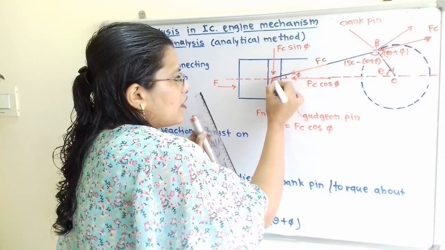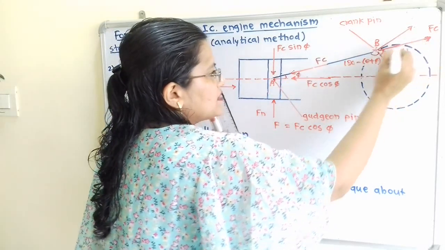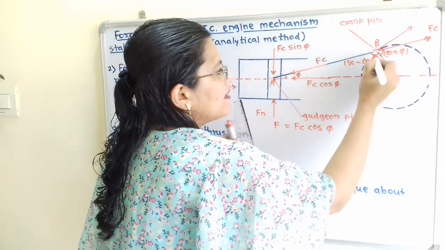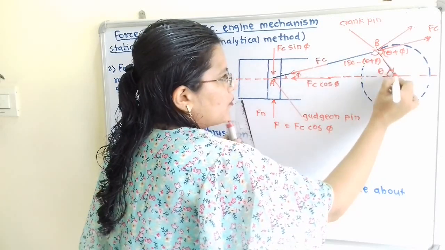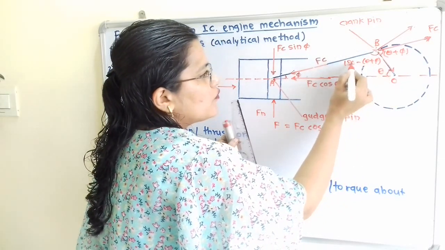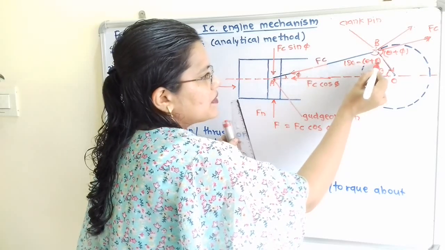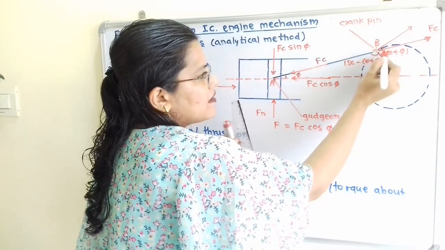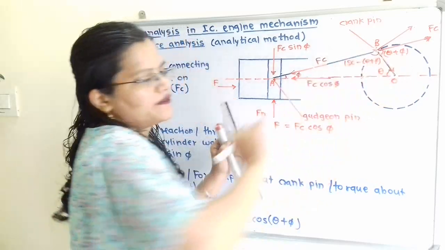So along this connecting rod, this is the straight line and here is one component, that is B to O. So this one side angle is known, 180 minus theta plus phi. So remaining angle will be equal to theta plus phi.